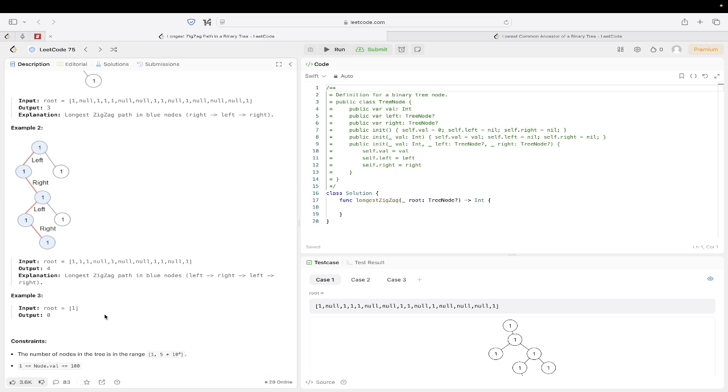Okay, so we know for sure we're probably gonna need a variable to keep track of the max length. And then we can use a stack again. We're gonna need a way to keep track of our left and our right.